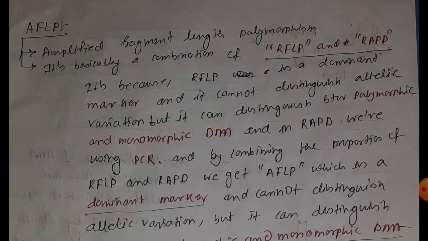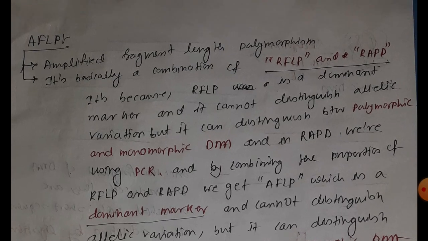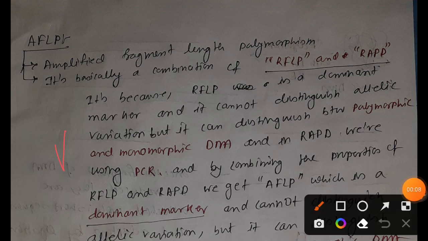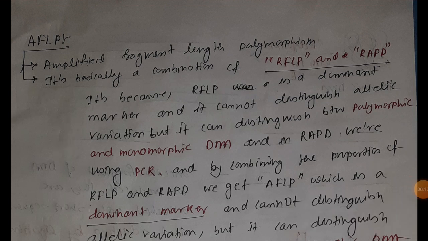So in the previous video we discussed the RFLP marker, that is restriction fragment length polymorphism, and at the end of that video I told you that the major disadvantage of RFLP is that in some situations when you do not have much sample, you cannot perform RFLP.